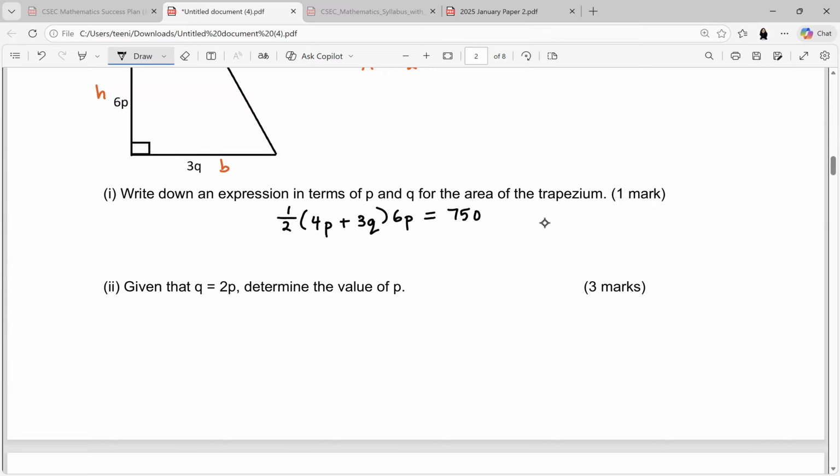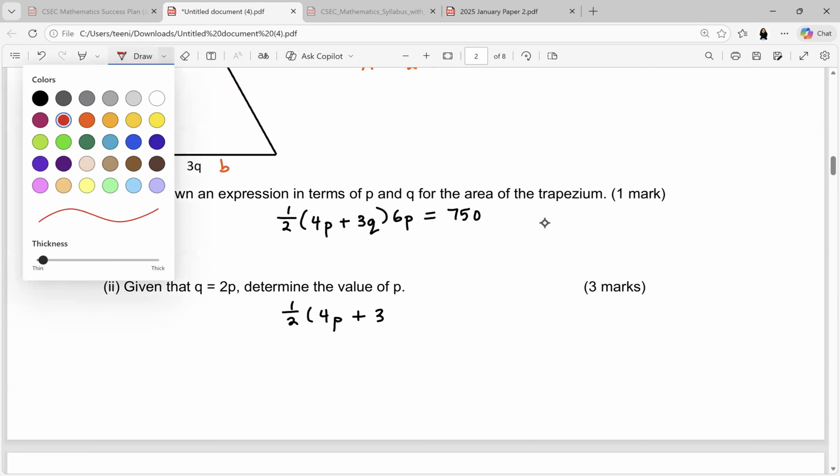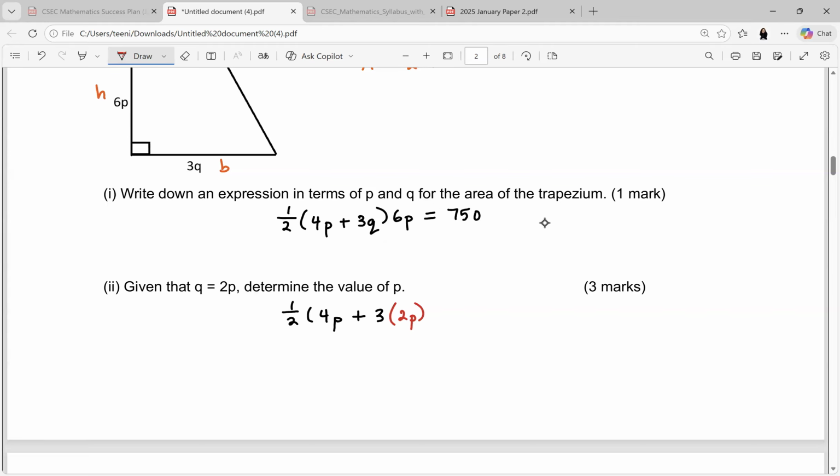This would be half of 4p. Now 3q means 3 times q. So 3q, if we're replacing it with 2p, would be 3, and in brackets, you'll have 2p, multiplied by 6p is equal to 750.